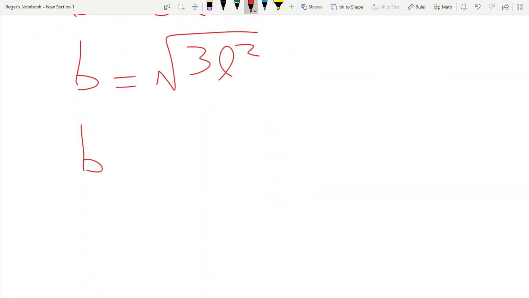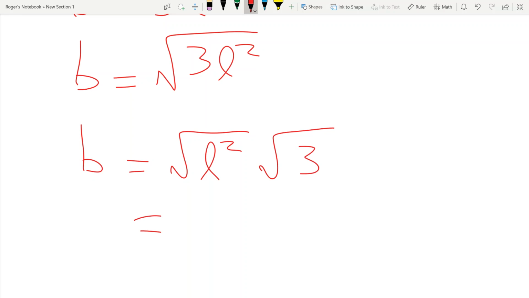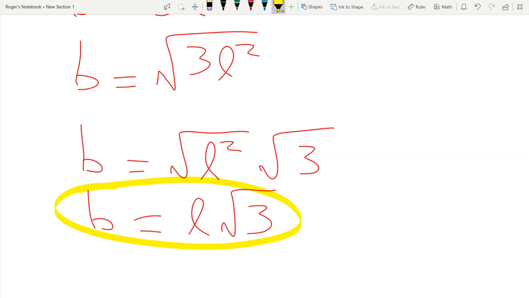So B will be equal to the square root of L squared times the square root of 3. The square root of L squared is just L. And it turns out that B is equal to L times the square root of 3. This is an important relationship right here.